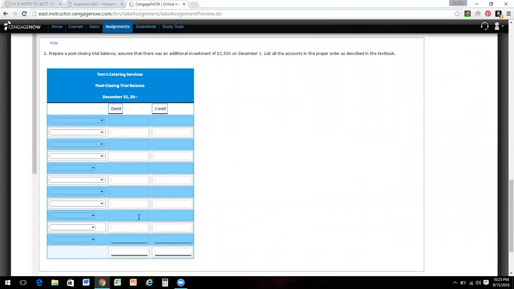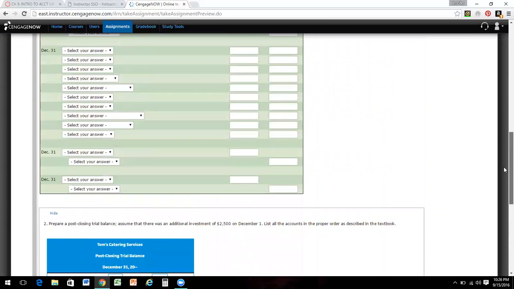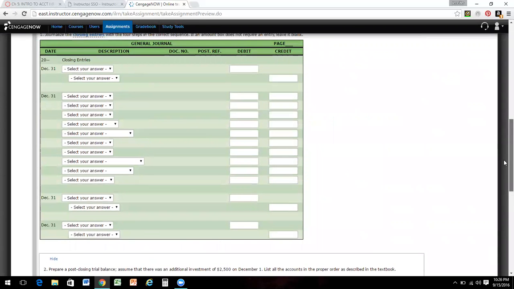post-closing trial balance. So what is left in this part? Assets, liabilities, and your new capital ending balance. You should be able to calculate all that from right here.